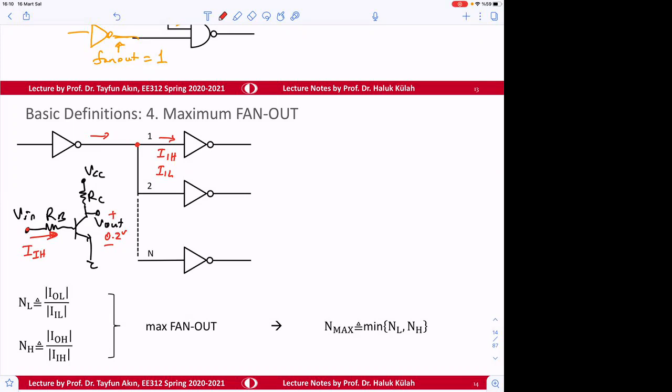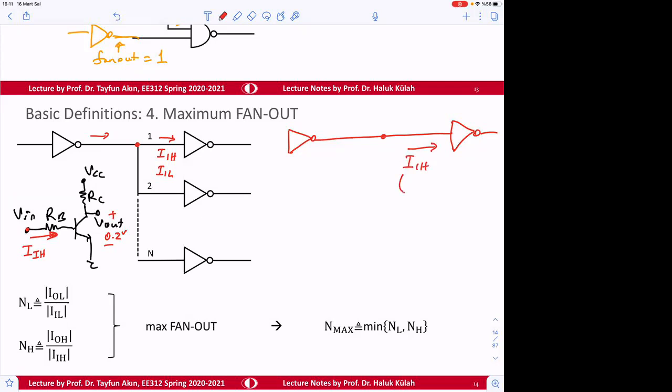So in the circuit, maybe I should draw it here. For each circuit, there is a current. Let's call it I input high.